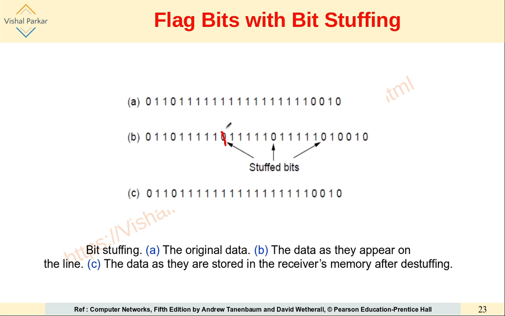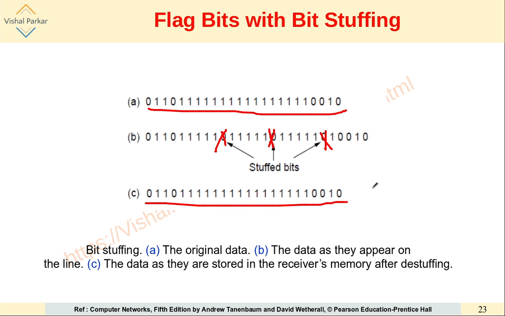So at the receiver, this 0, this 0 and this 0, because they happen to be after 5 consecutive ones, will be discarded, and that's how the receiver once again stores in its memory the correct sequence of bits which was sent from the sender.